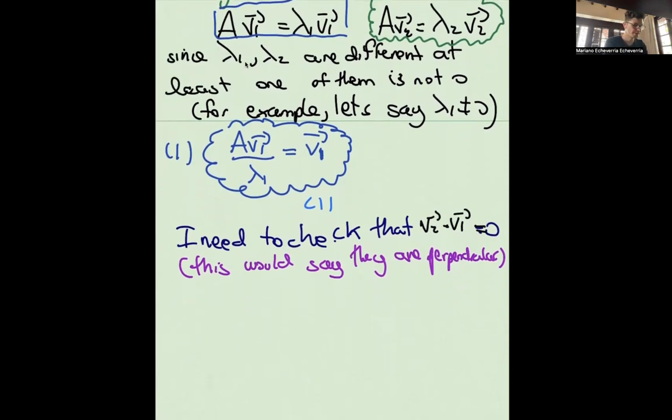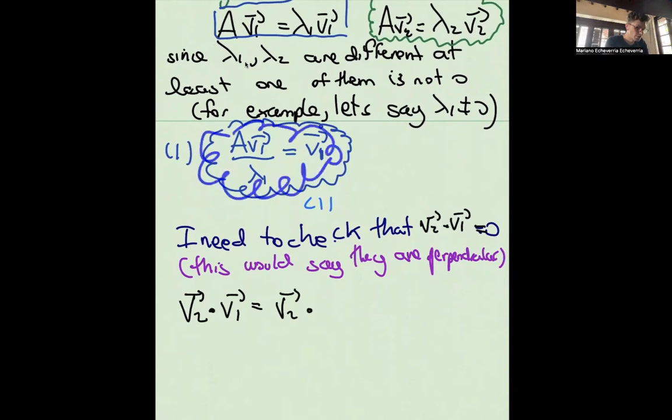So what is v2 dot v1? v2 is just v2, but for v1, I'm going to use equation 1. If I use equation 1, I'll replace v1 with a v1 divided by lambda 1.